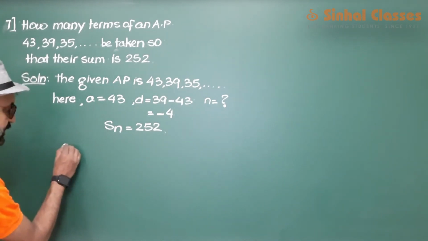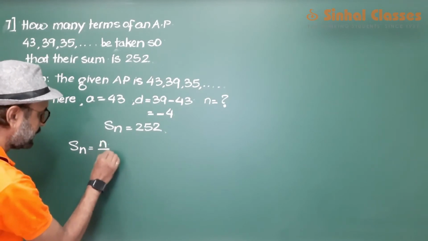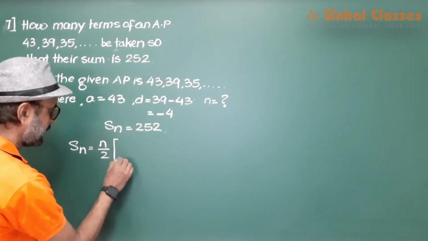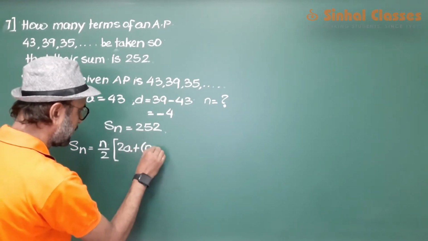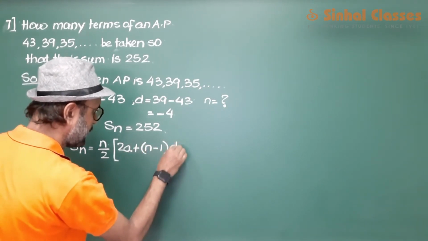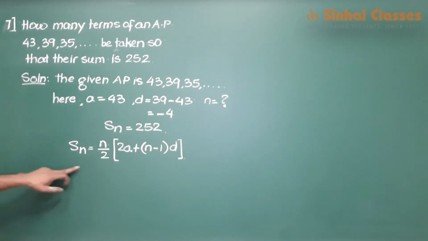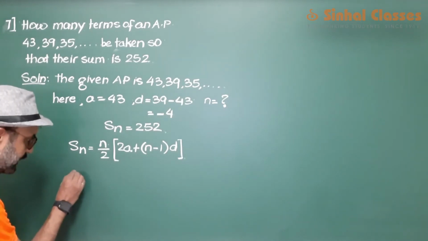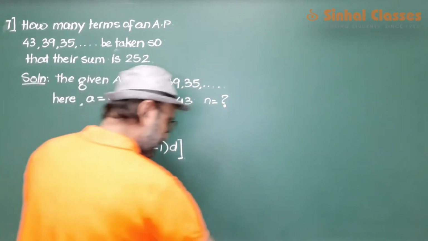So what we'll do is Sn is equal to this. This is the formula for Sn. Sn is 252.